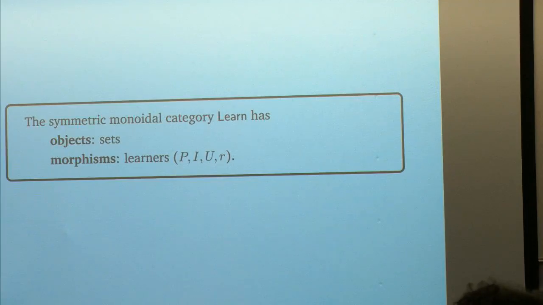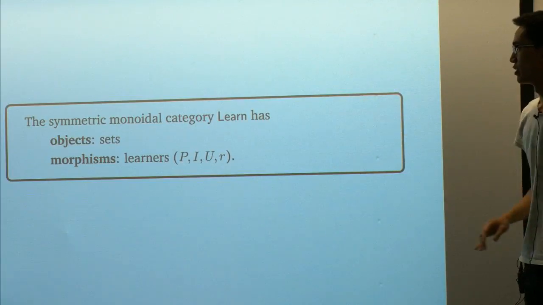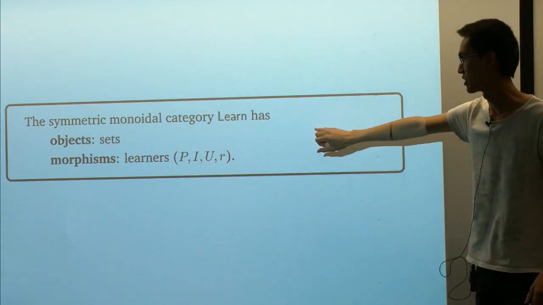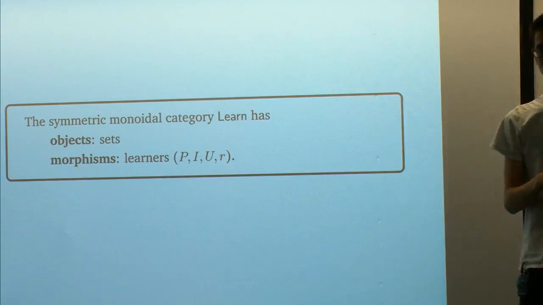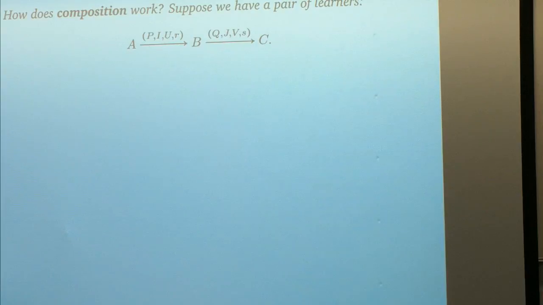And this is a compositional framework for supervised learning because we can compose these learners. We have a symmetric monoidal category Learn, where the objects are sets and the morphisms are these learners. Okay. So I've told you we have a category. You should ask, what is composition in this category? How does it work?